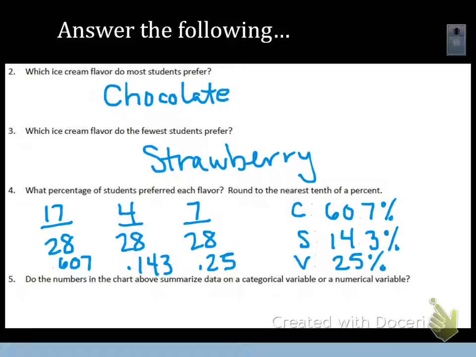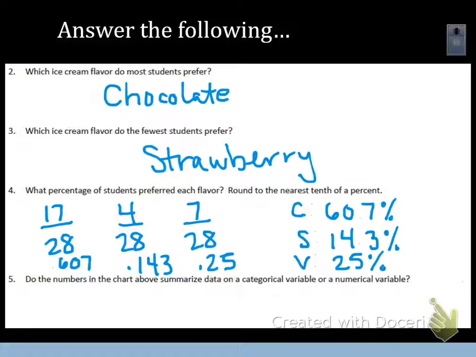Okay, so the last question here then, to interpret this data, it says, do the numbers in the chart above summarize data on a categorical variable or a numerical variable? Okay, so if I look back at my table, yes, there were numbers in it, but the question that was asked was categorical because it was on the different flavors of ice cream.